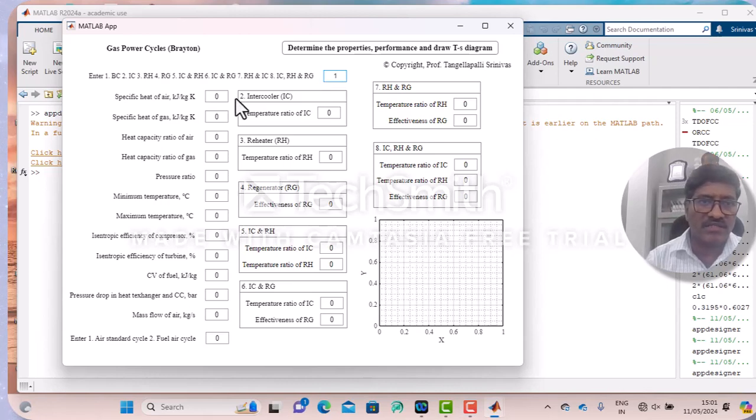So first, selecting one, starting with the Brayton cycle, we are entering the specific heat of the air, 1.005 kilojoules per kg Kelvin.